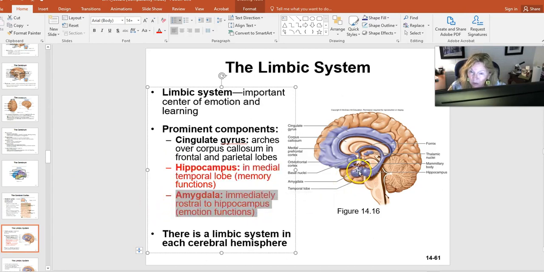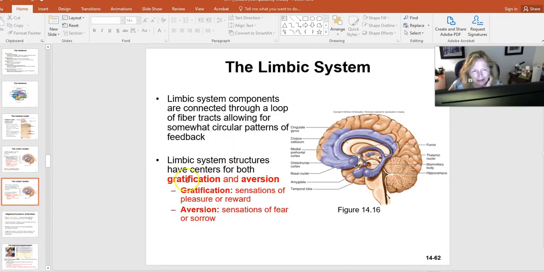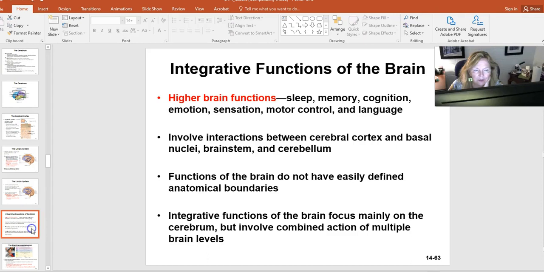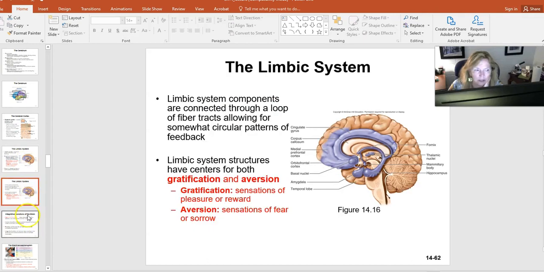How you're going to act on those emotions, you're going to use this prefrontal cortex, the frontal area of planning and judgment and making those decisions there. So when we think about gratification and aversion, the sensations of pleasure and reward, or aversion meaning fear or sorrow, this is really how we learn. This is actually just the way and how we learn.